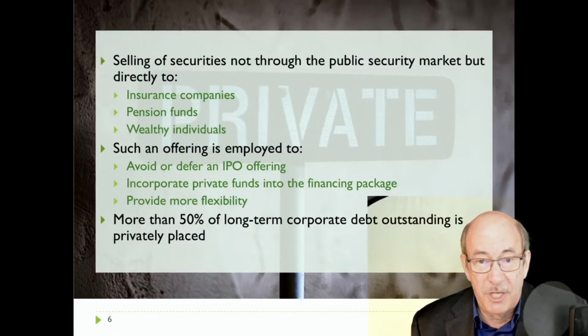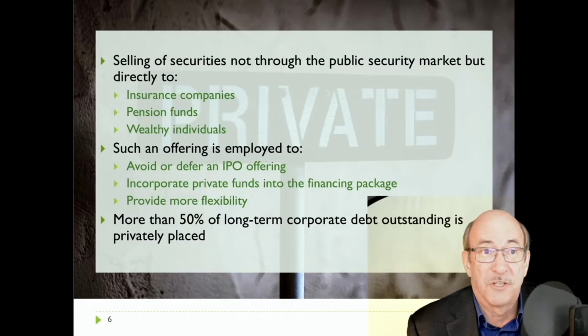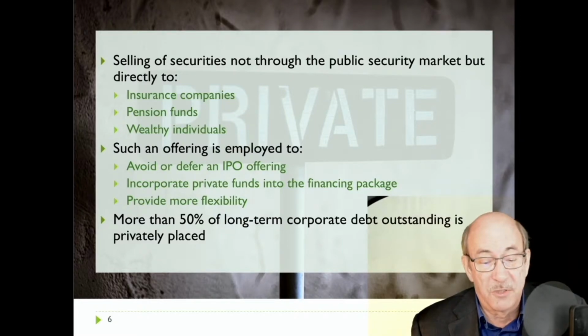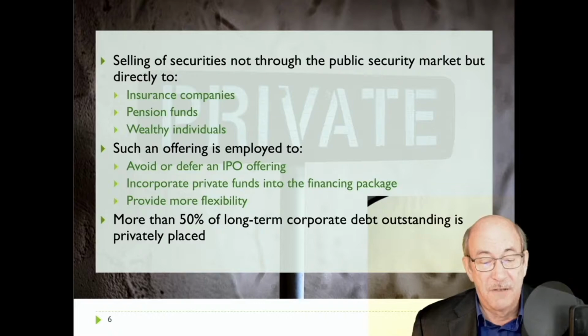So insurance companies are huge sponges for new securities, as are pension funds. If you think of some of the bigger pension funds, TIAA-CREF is one of the big ones that soaks up a lot of private placements as well. And then the wealthy individuals, the, quote unquote, financially sophisticated individuals.